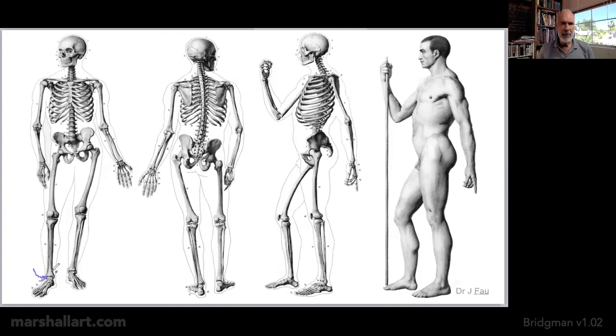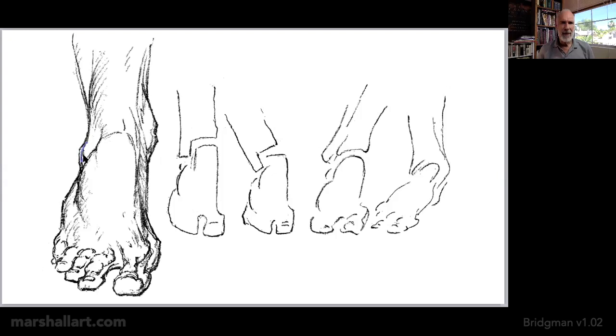So the outside of the ankle is lower. The inside of the ankle is higher. They will be like a crescent wrench. If you know that the bump on either side, outside or inside of an ankle, is that low, if that's the outside, you know that the other one is going to be higher.